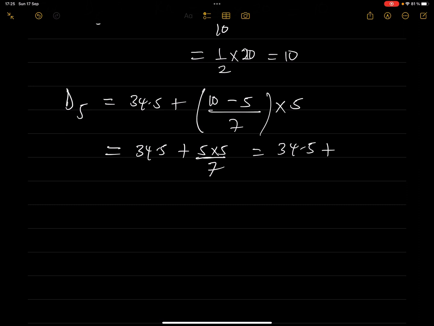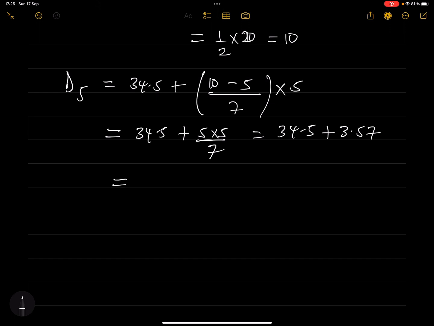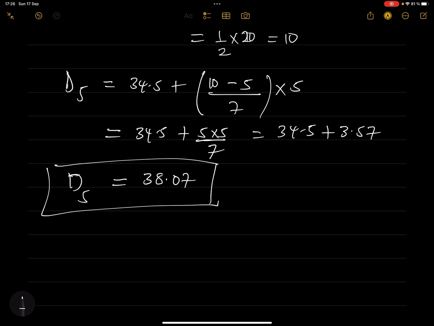When you divide 25 by 7, what do you get? 3.57, sorry. Okay, so when you add this together, 34.5 plus 3.57 gives 38.07. So your D5 is 38.07, which is actually your median.